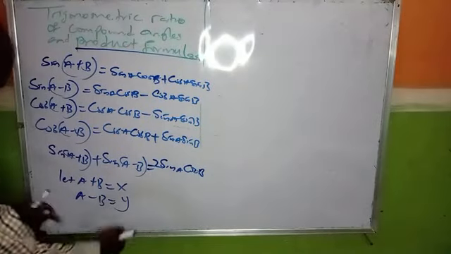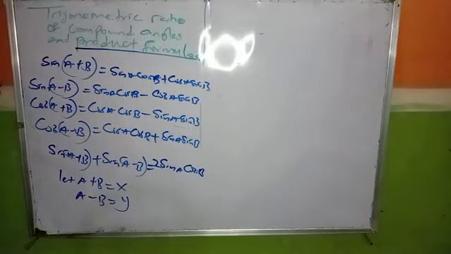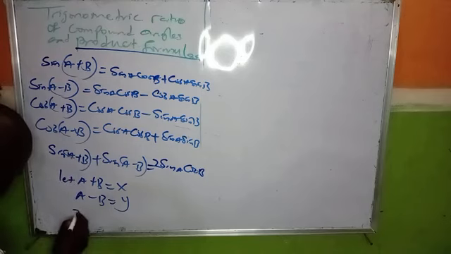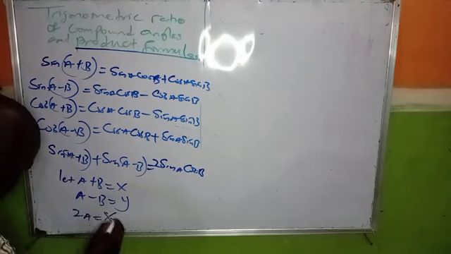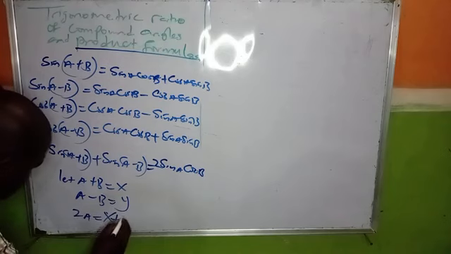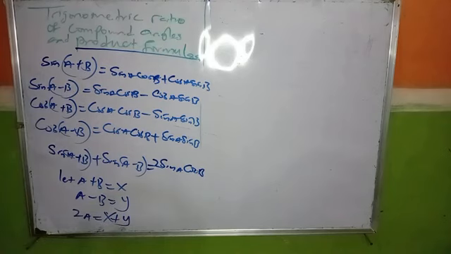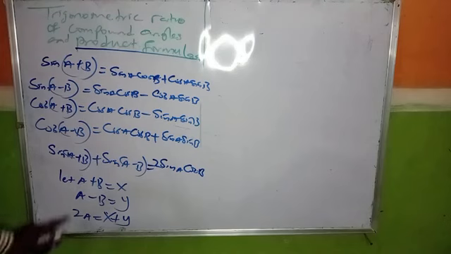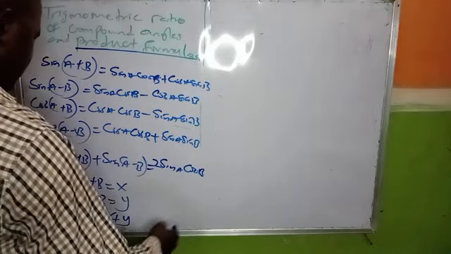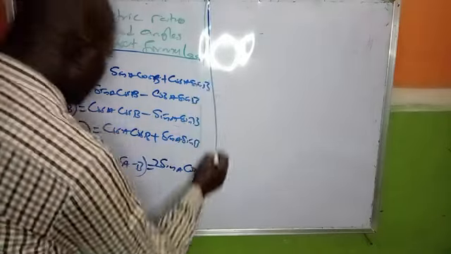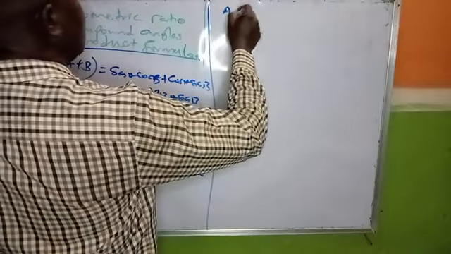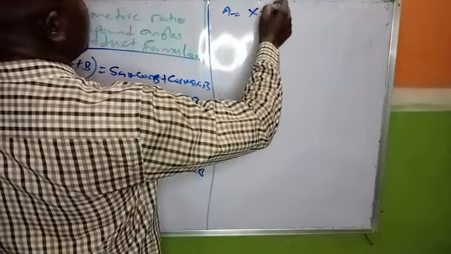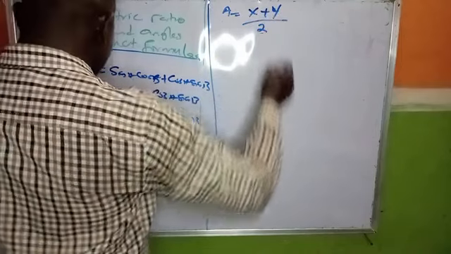If you add these two together, this plus this will give you 0, and then this plus this, you will have 2A equal to X plus Y. So what will be the value of A? You will have A equal to X plus Y over 2.